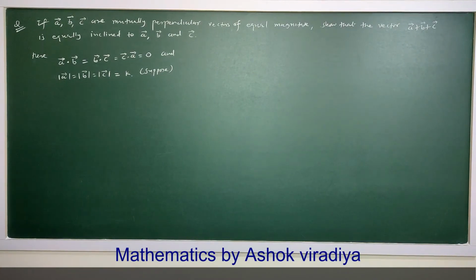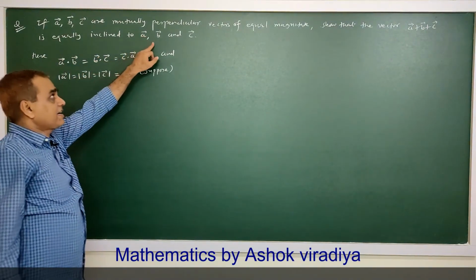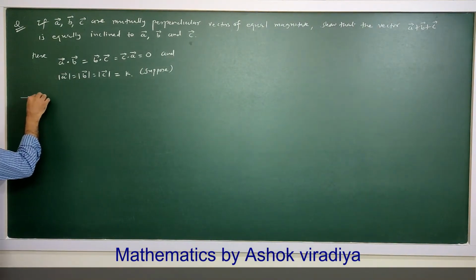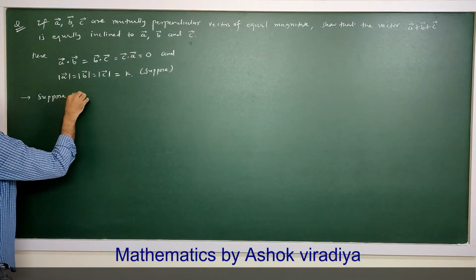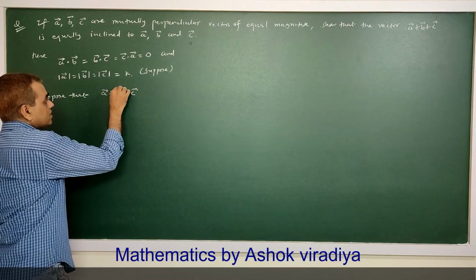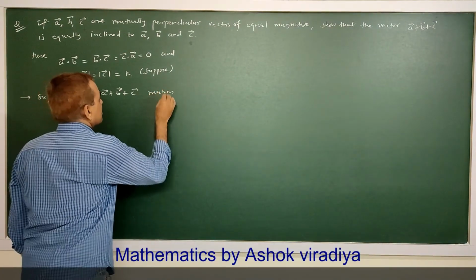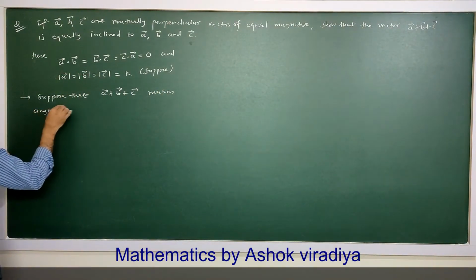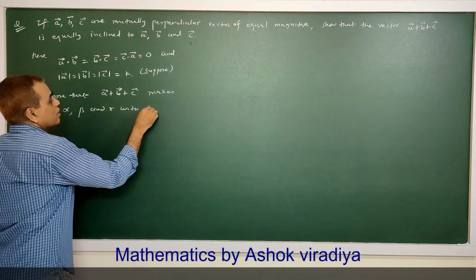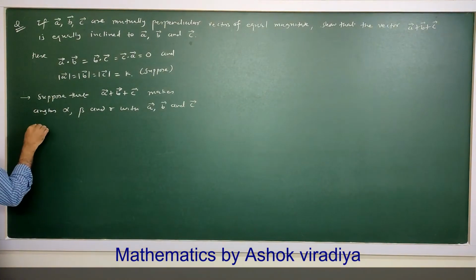Now we want to show that vector A plus B plus C is equally inclined to vector A, vector B and vector C. So suppose that vector A plus B plus C makes angles alpha, beta and gamma with vectors A, B and C respectively.